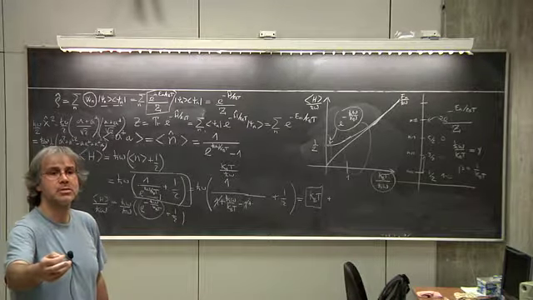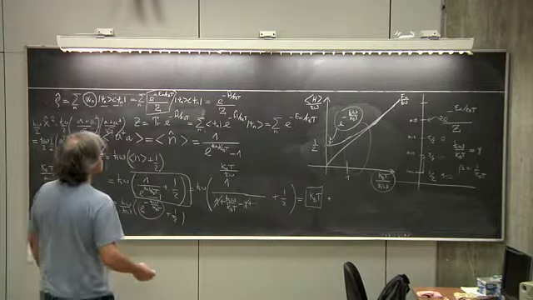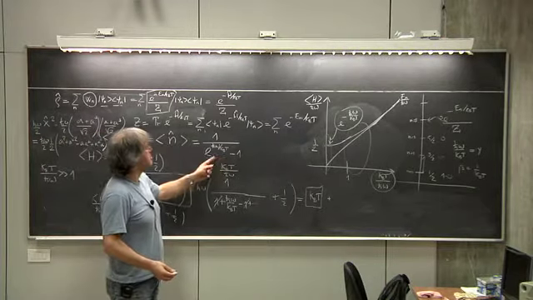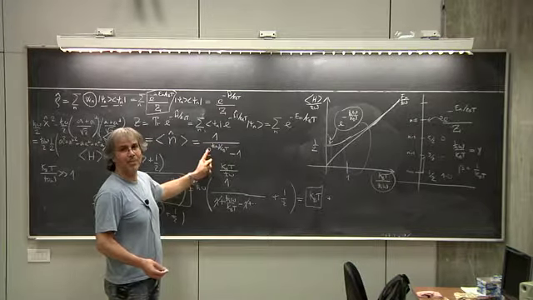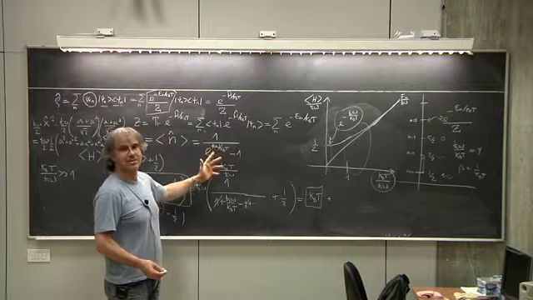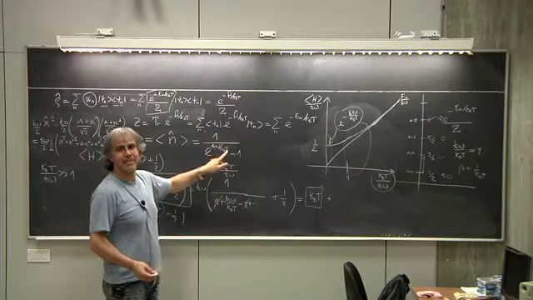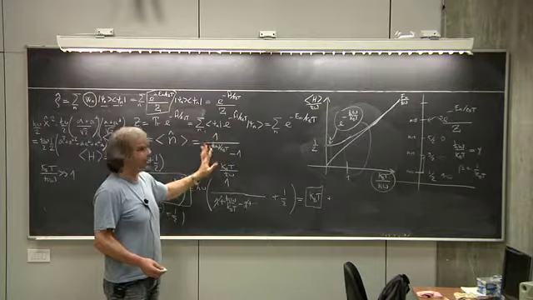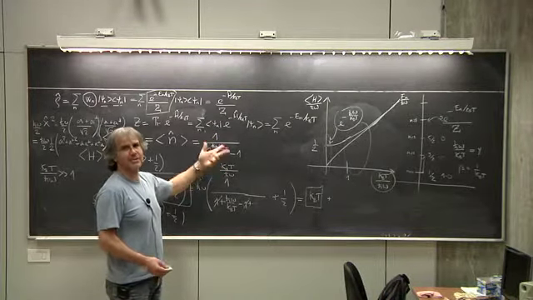No, but this is always greater than 1. E to the positive quantity must be greater than 1, unless omega is set to 0. But that is a trivial thing.